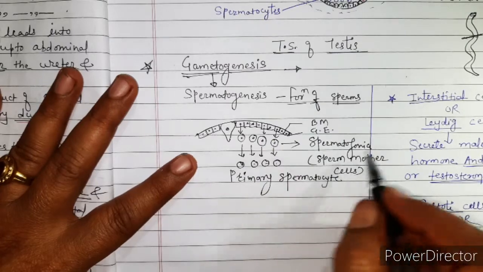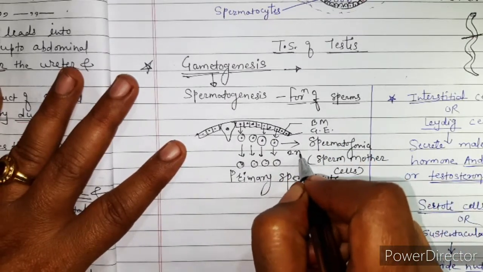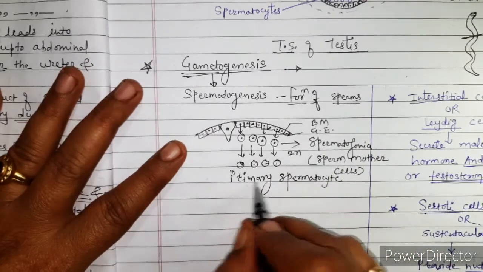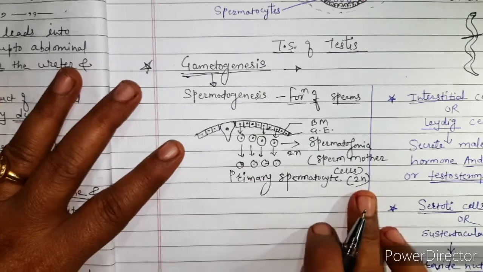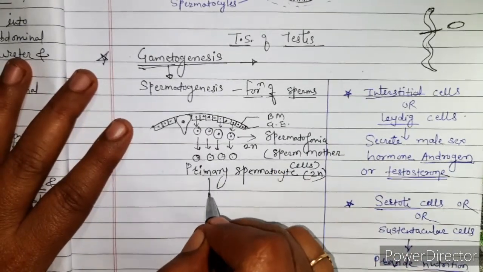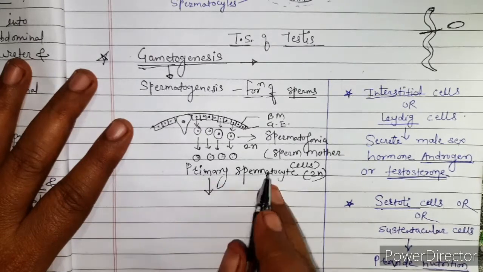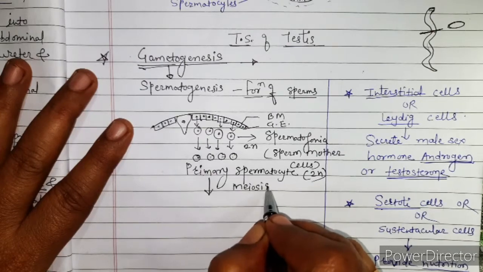Remember, spermatogonia are diploid in nature, having 2n number of chromosomes. Primary spermatocytes also have 2n number of chromosomes, that is 2 sets of chromosomes, but later on the primary spermatocyte undergoes reduction division, that is called meiosis.